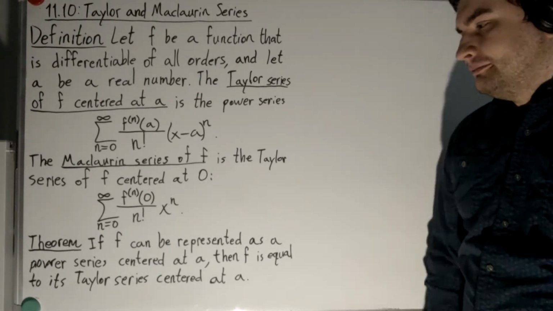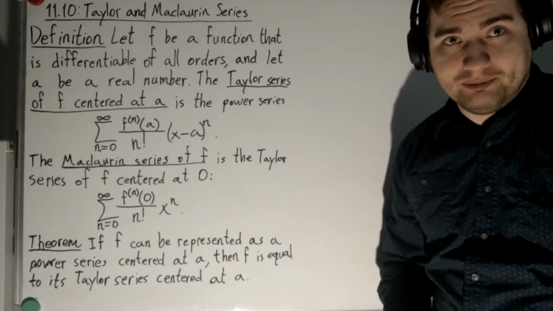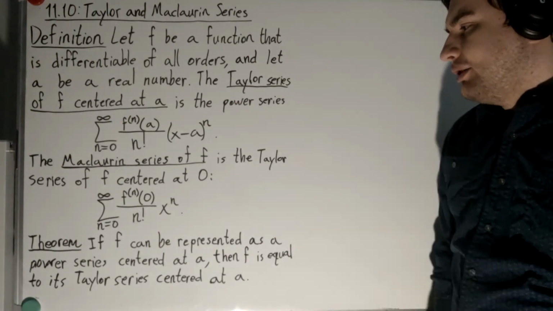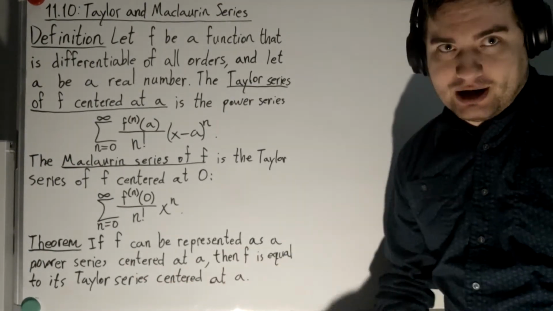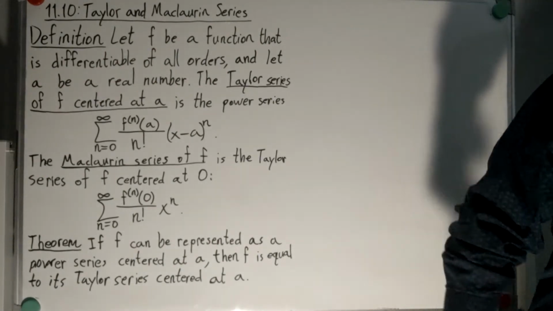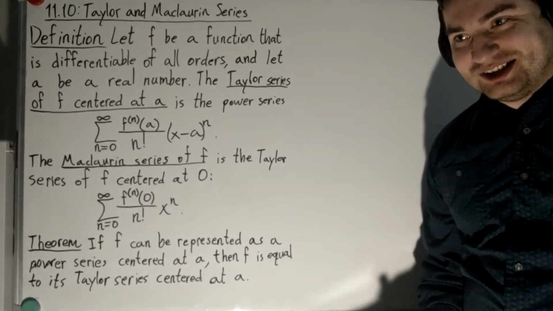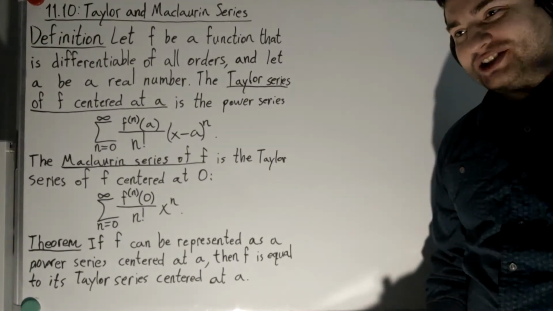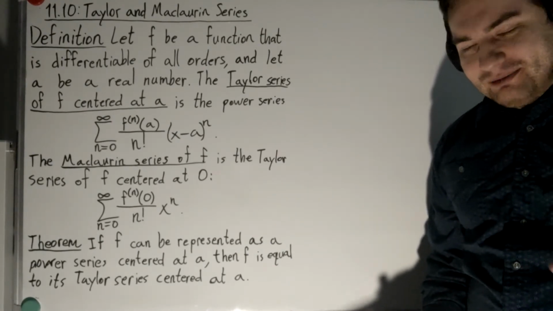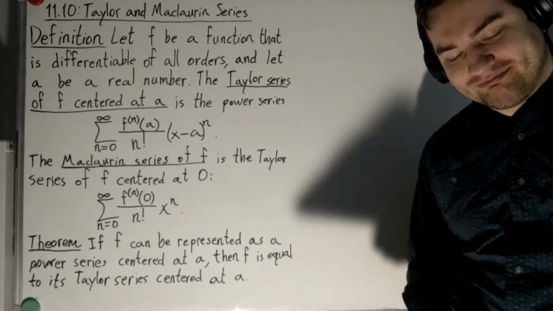I'm just going to mention that the property of being able to be represented as a power series is called being real analytic. So when I say real analytic, what I just mean is that it can be represented as a power series. So for this class, I'm going to give you a function, and I'm just going to tell you it's real analytic. And then I'm going to ask you for its power series representation. Okay?